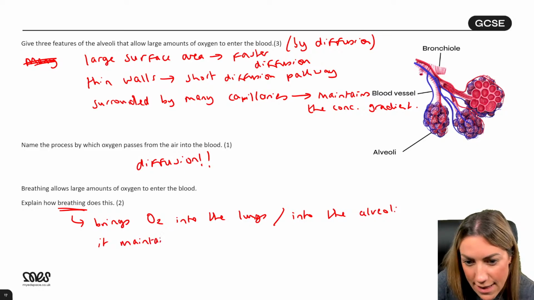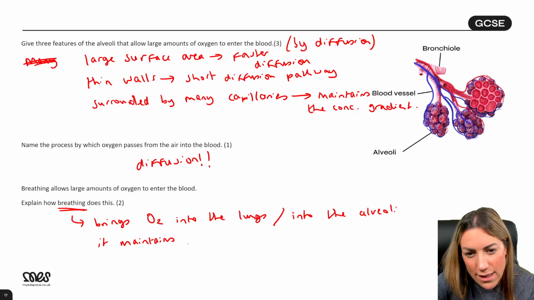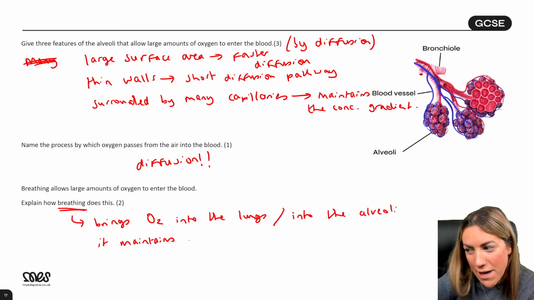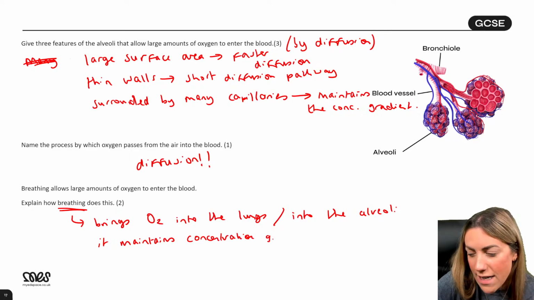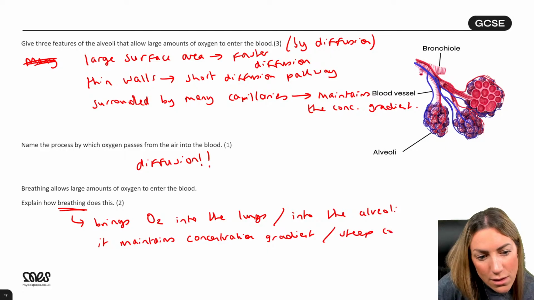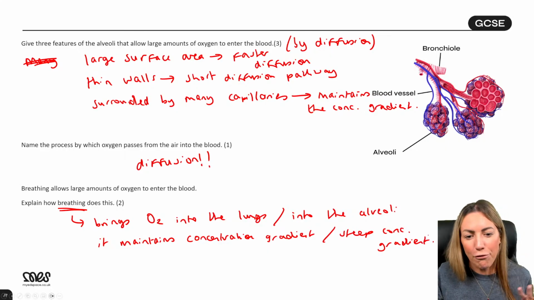We've kind of already said it, hasn't it? I would learn alveolus, Tiana. It brings oxygen into the lungs or into the alveoli, and it maintains the concentration gradient, or you could say there's a steep concentration gradient, which remember just means there's a big difference in concentration.